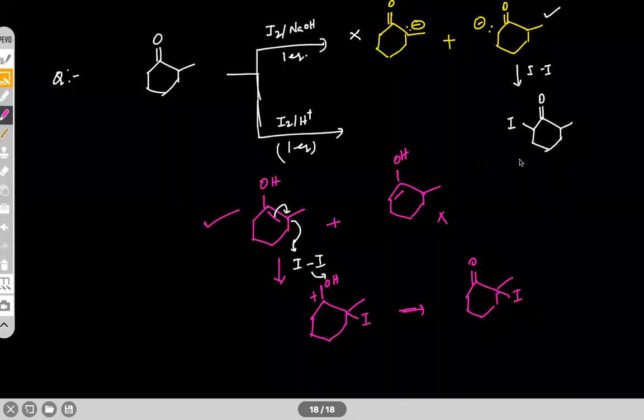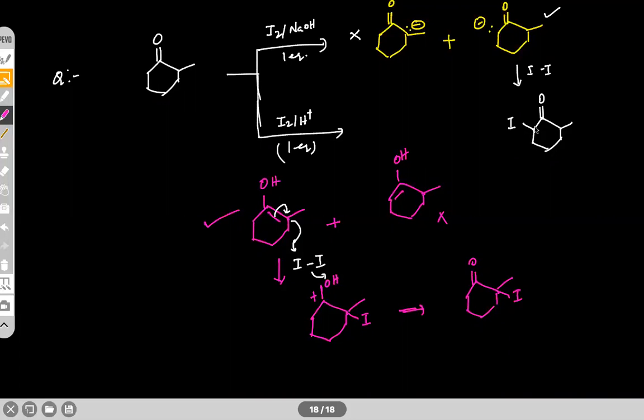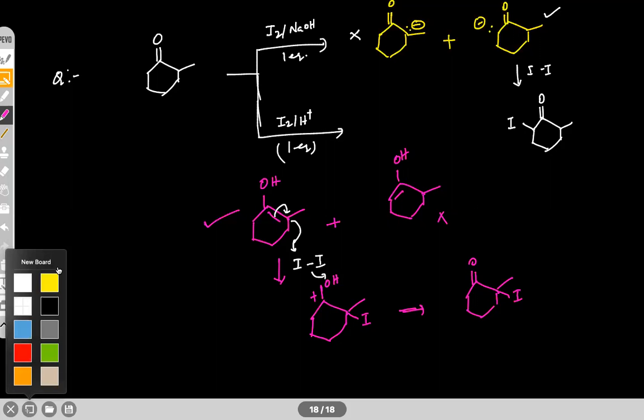But this thing is not always true. It's not always true that the major product in basic medium becomes minor in acidic or vice versa. It completely depends upon the structure of the molecule given. For example, I'll show you one more example here, with which you'll understand what I'm talking about.